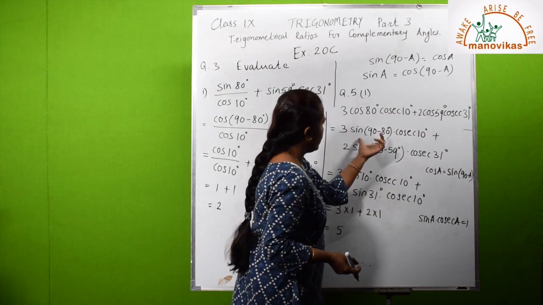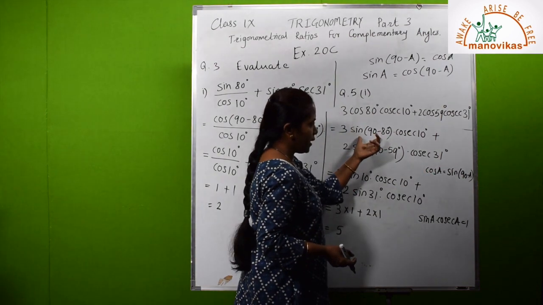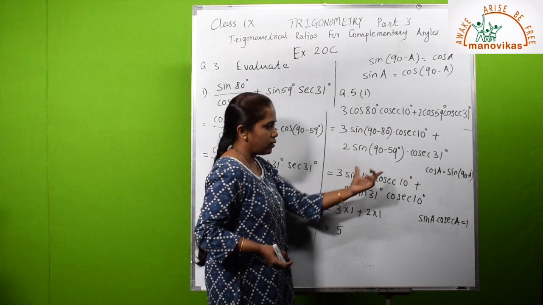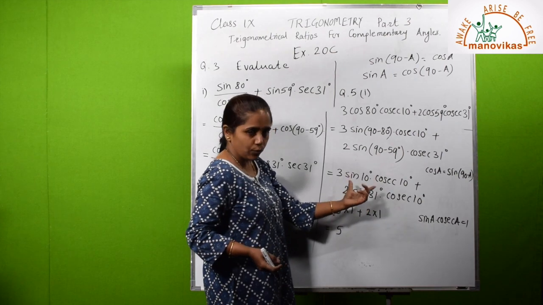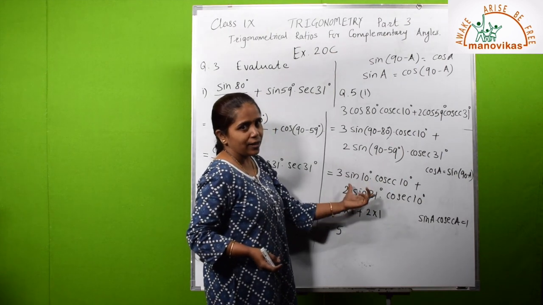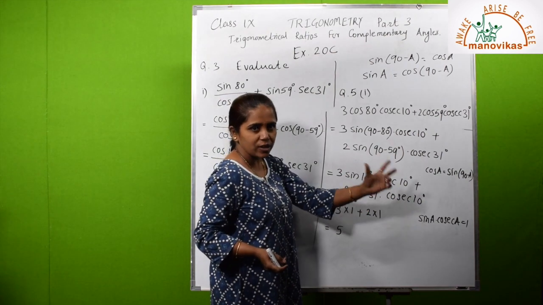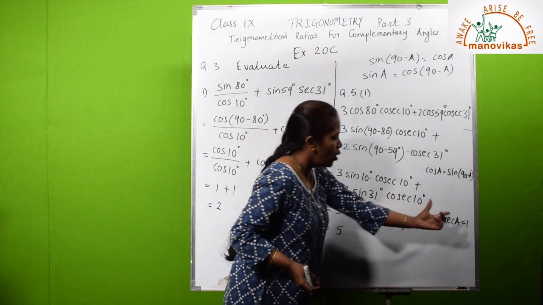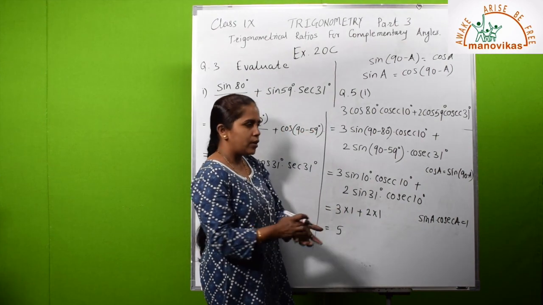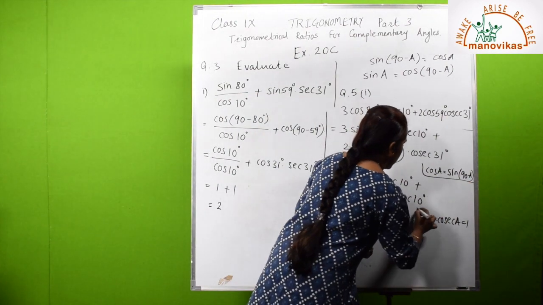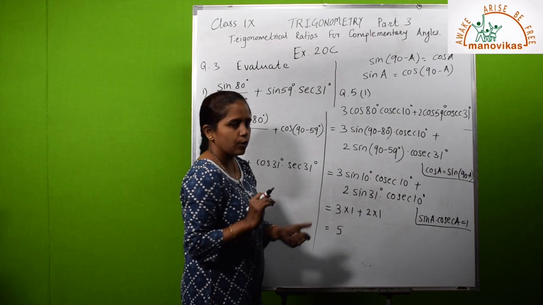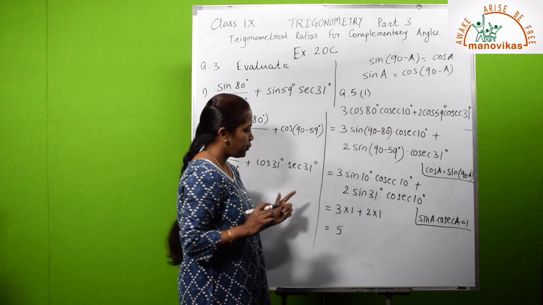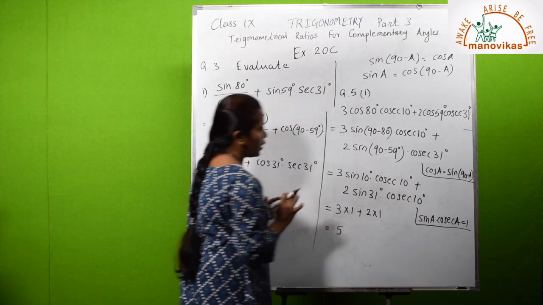Okay, here I have used cos A as sin 90 minus A, so I have written this formula. Whenever you write a step, write the formula you are using in front of that step. Here I have used sin into cosec as 1, so I have written it here. Write down the formula, that is important, because you should know which formula you have used. So 3 plus 2, again you get 5.